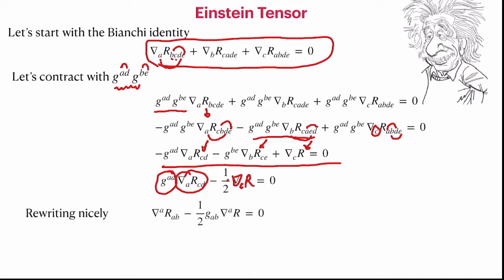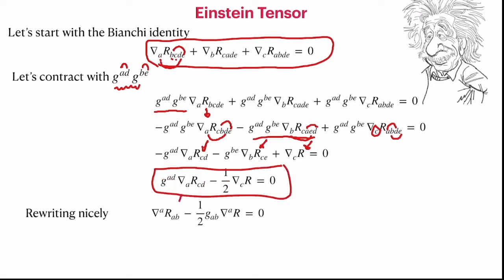Now we rewrite nicely. We see that below we have a divergence of the Ricci tensor and half times g^AB into the divergence of the Ricci scalar. All in all, we can write it as a divergence of R^AB minus half g^AB into R.